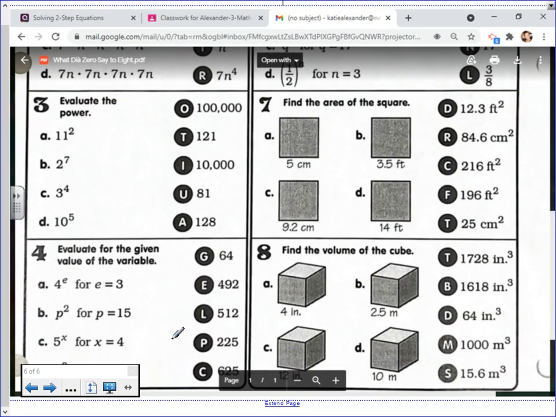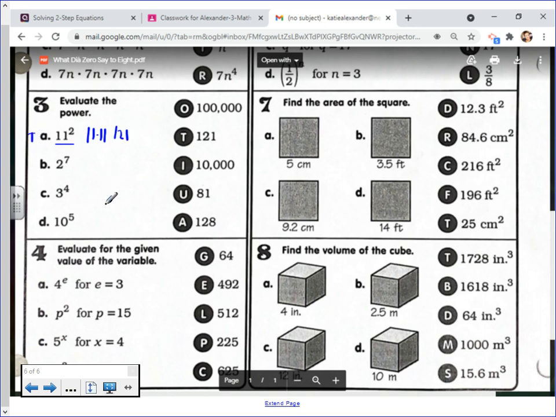If you go down here, it's telling you to evaluate. It just wants to know what is 11 squared. That's 11 times 11, or you could type in 11 squared in your calculator. And you get 121. So A is T. Down here, number 4A, it's telling you to take 4 and raise it to the E power, but then it tells you that E is 3. So 4 to the third power, what is that? You do 4 caret 3 in your calculator, which is 64.